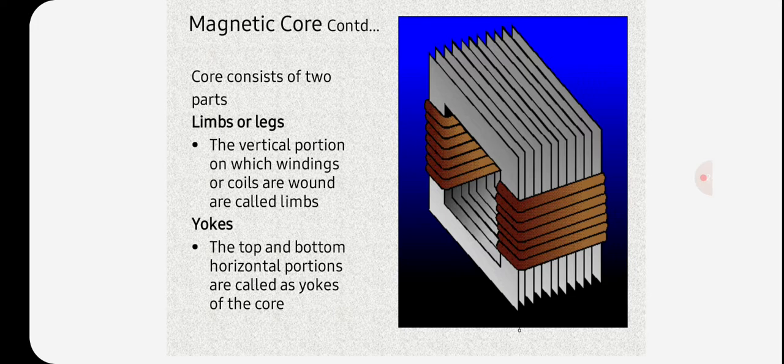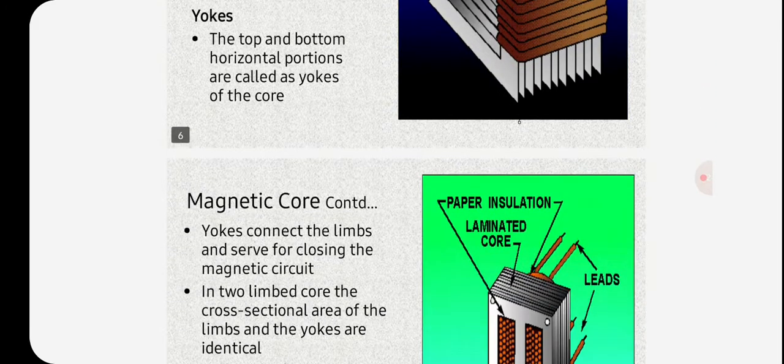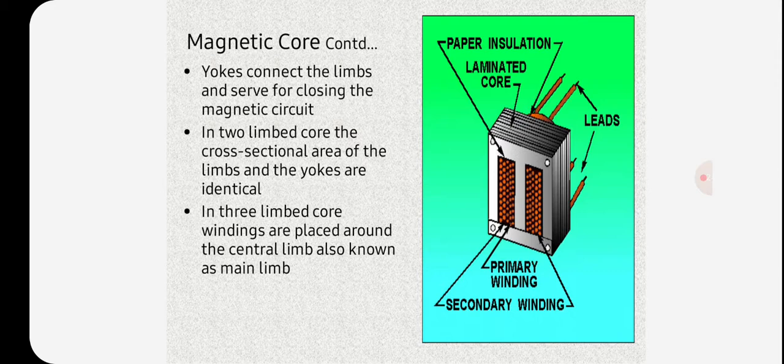The vertical portions on which windings or coils are wound are called limbs or legs. The top and bottom horizontal portions are called yokes of the core. Yokes connect the limbs and serve for closing the magnetic circuit.